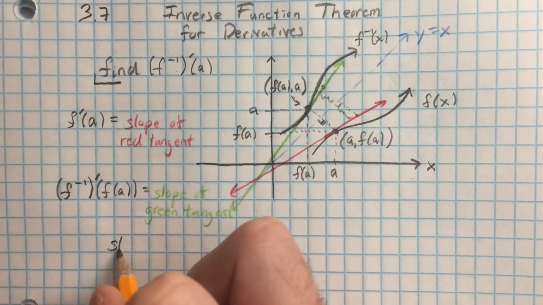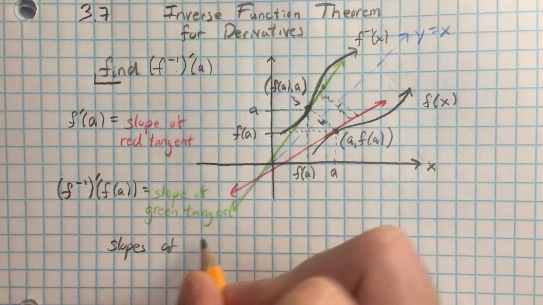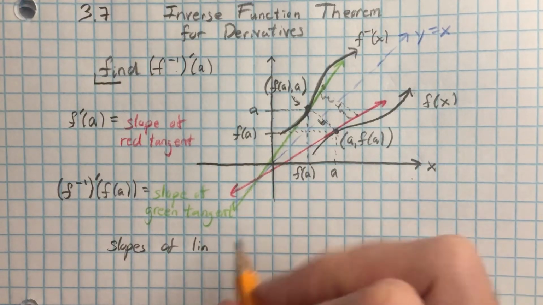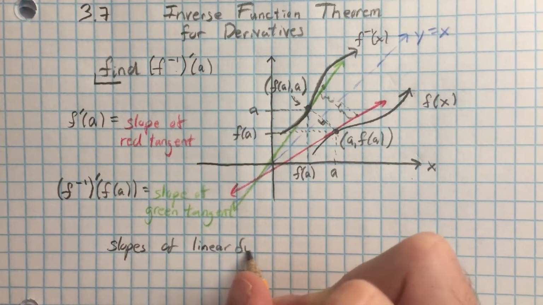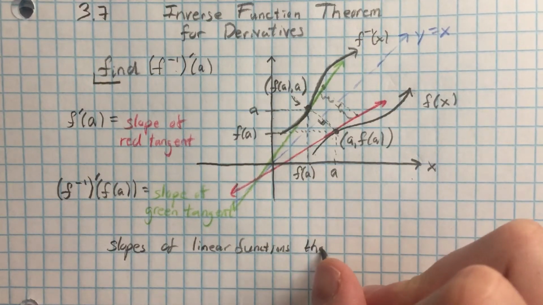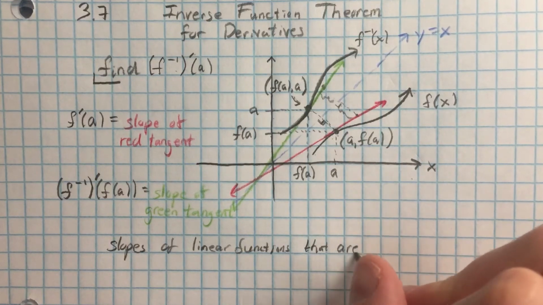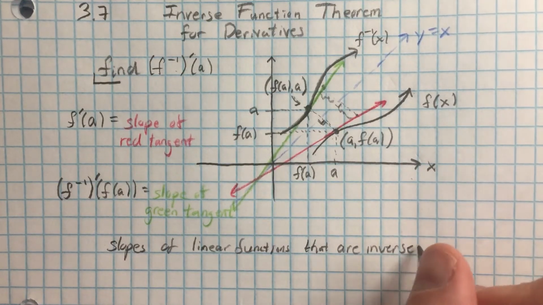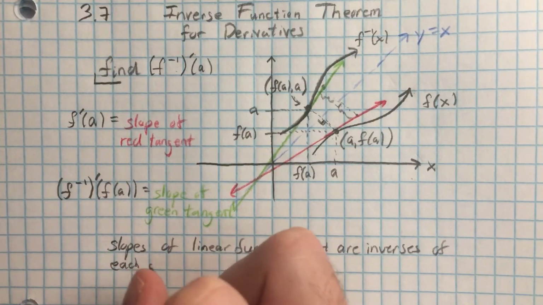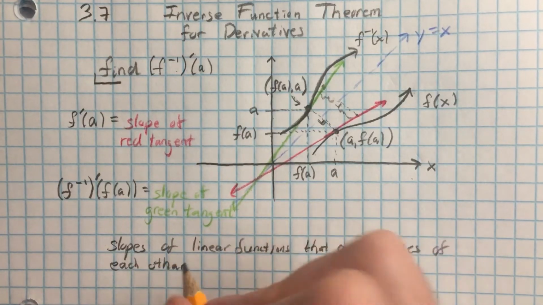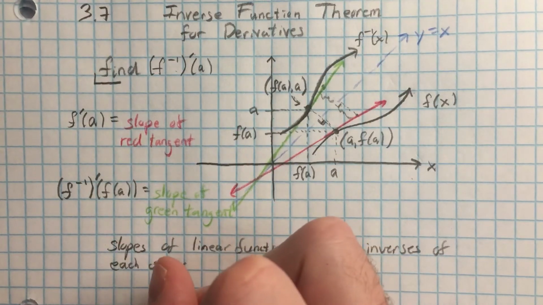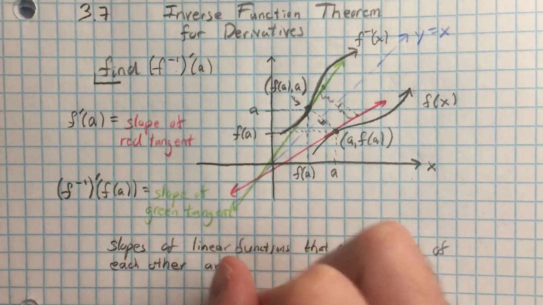And the slopes of linear functions, or slopes of lines, that are inverses of each other are reciprocals.